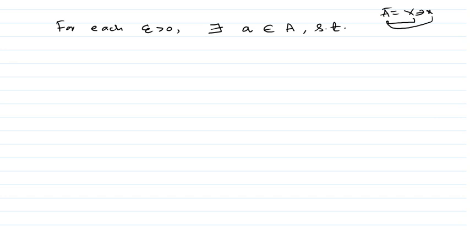So let's write it like this. So we have this, A closure is equal to X. So if I choose any point X, then X is in A closure.